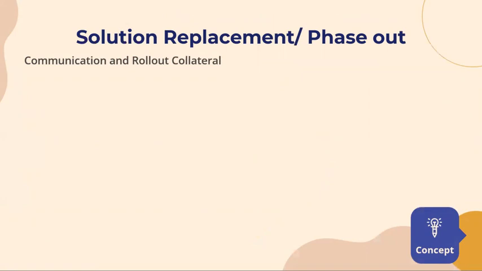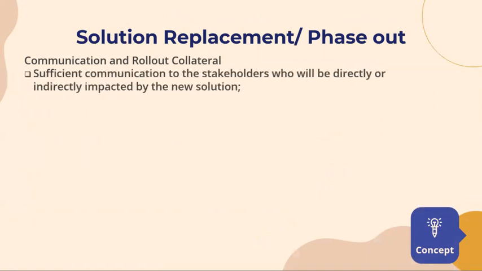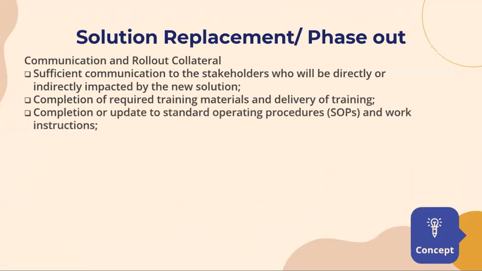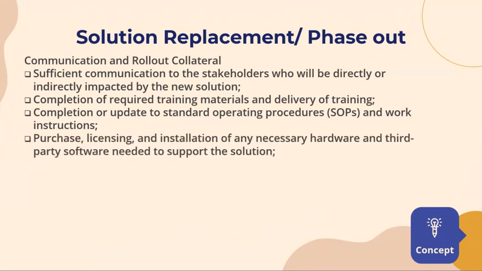These activities include but are not limited to sufficient communication to the stakeholders who will be directly or indirectly impacted by the new solution, completion of required training materials and delivery of training, completion or update of standard operating procedures and work instructions, purchase, licensing, and installation of any necessary hardware, and third-party software needed to support the solution.